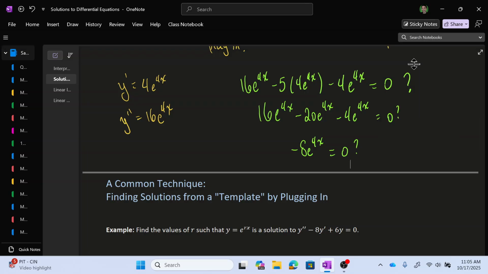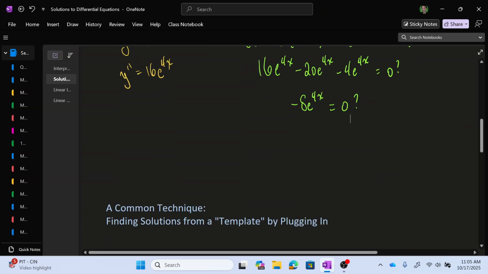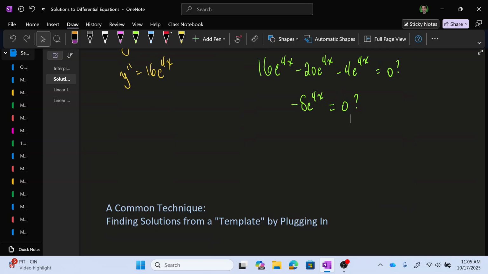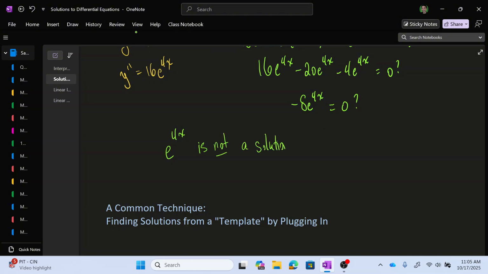So as a result, I know for sure that e to the 4x is not a solution to this equation, because it does not make the equation true.